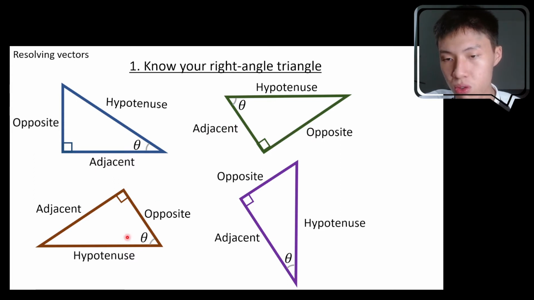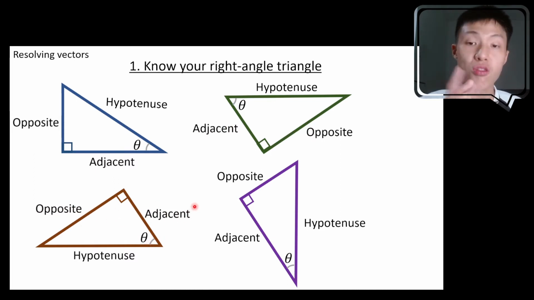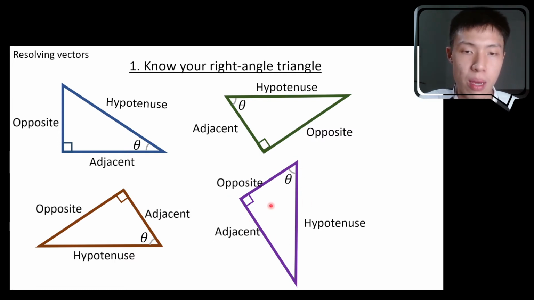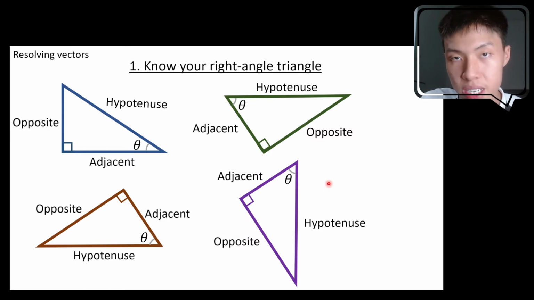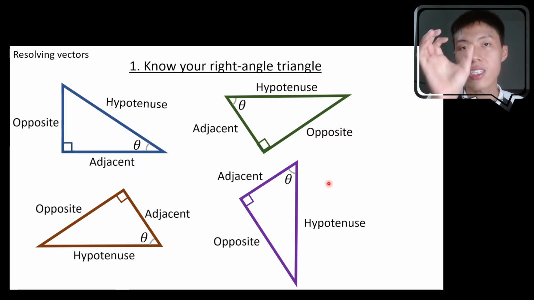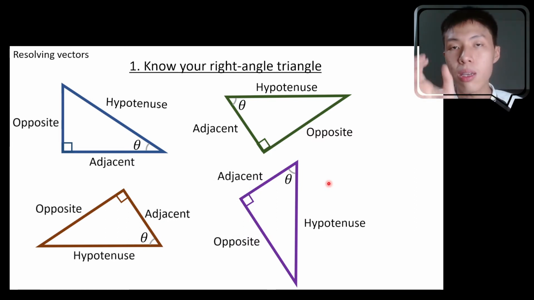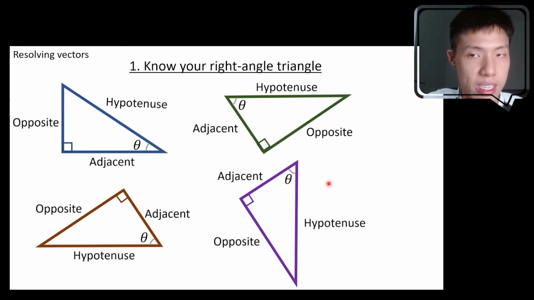I'm not going to talk too much, you can see the idea. Opposite and adjacent have to switch sides. So again, adjacent and opposite side all depend on where my theta is. So that's the first thing that you need to know: you need to know your right angle triangle.